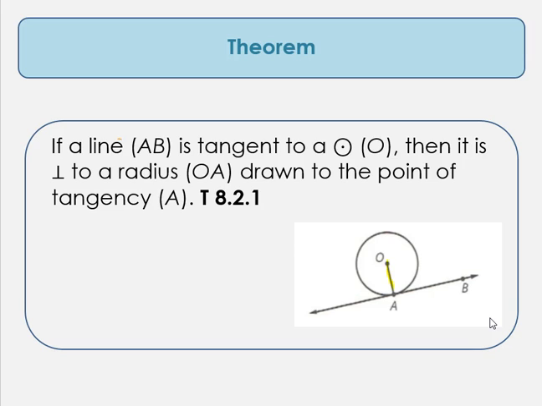So let's look at OA, and we'll look here at line AB. And what happens here is that we have a perpendicular line interacting with that radius. It creates a 90-degree angle.